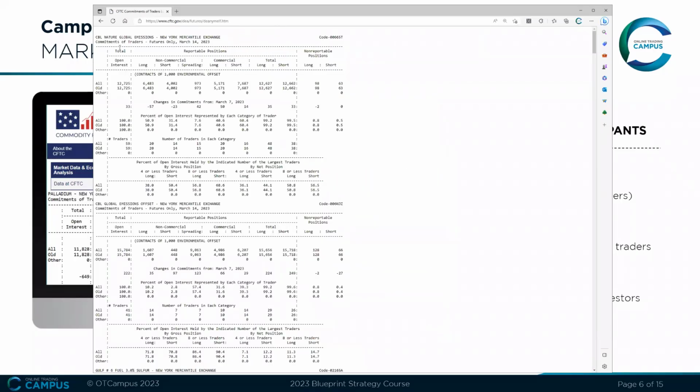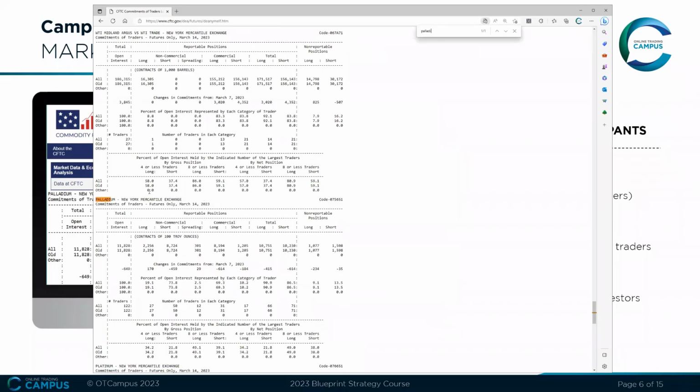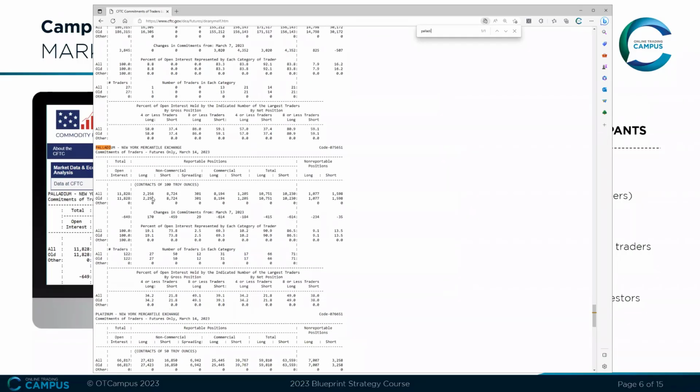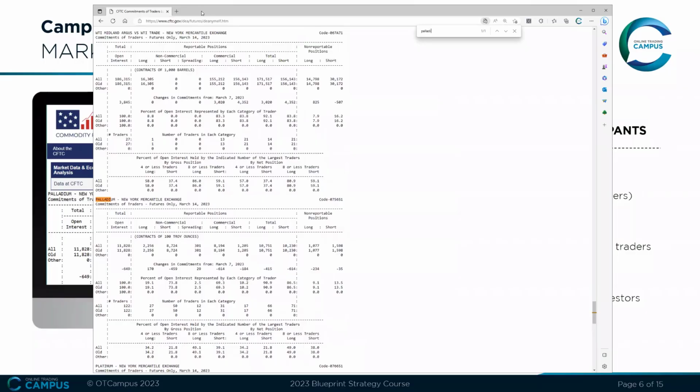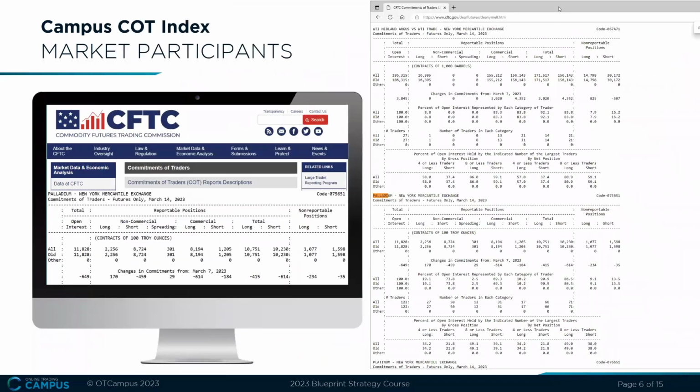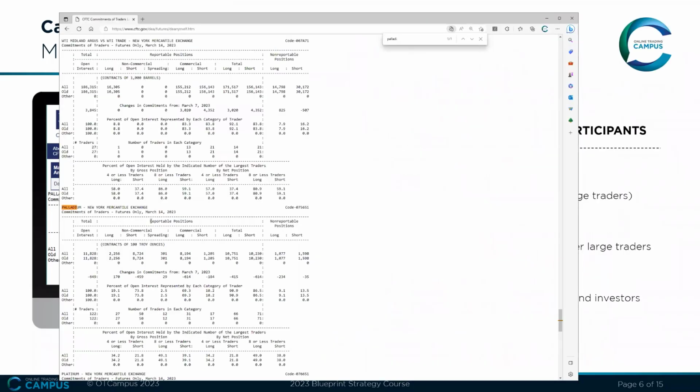And then NYMEX, for example, New York Mercantile Exchange. We have palladium here, as per the screenshot that you see on my PowerPoint slide right there. What this report tells you is the reportable positions versus the non-reportable positions.